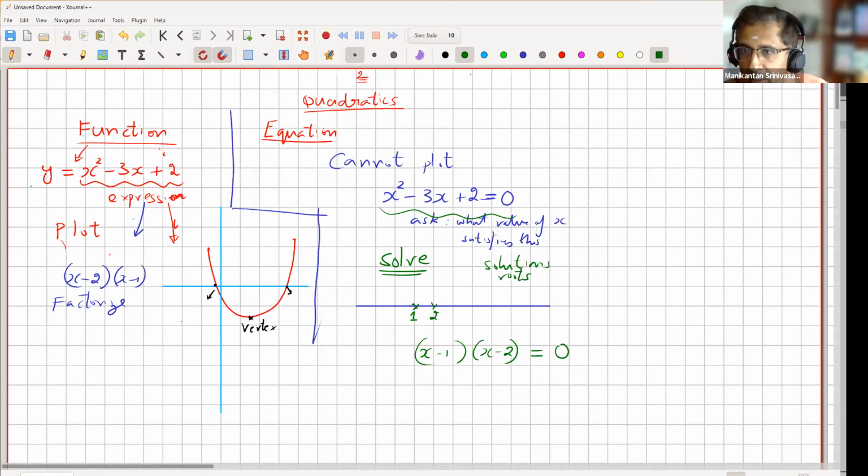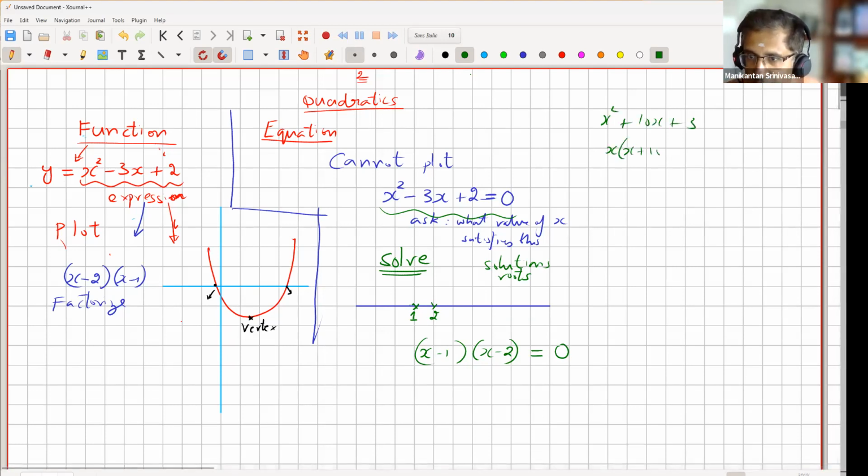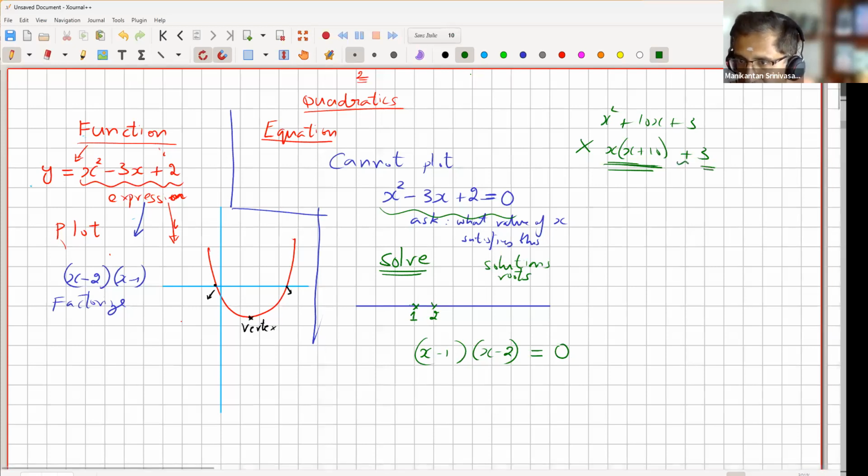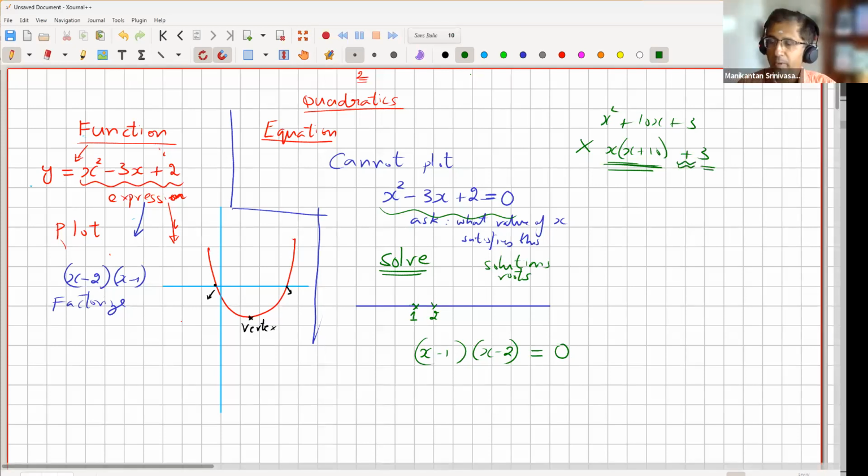For example, suppose I have x square plus 10x plus 3. If I say it's x into x plus 10 plus 3, that is not factorization at all, right? Ultimately, at the highest level, it must be a multiplication. Here, you are doing x times x plus 10, and then you have 3, and then finally you're adding it. So the final operation that you're doing is addition. It's not multiplication. So factorization is breaking an expression into smaller expressions which multiply.